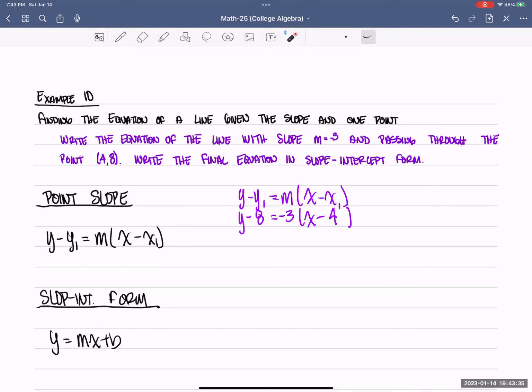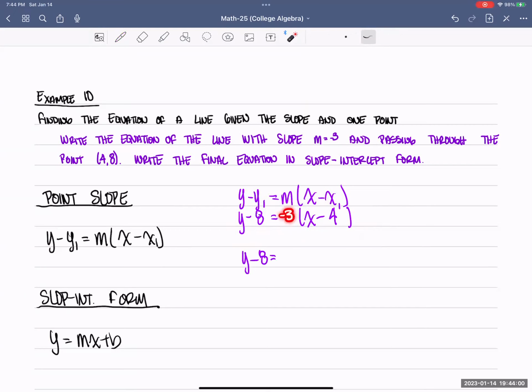And now we have the equation. It's just not in the proper form. We're going to get it to slope-intercept form by isolating y and having everything else over on the right side. So to get y by itself, we have to add 8. But before we do that, I see that we could distribute this -3 to those two terms. So y minus 8, we leave that as is for the moment.